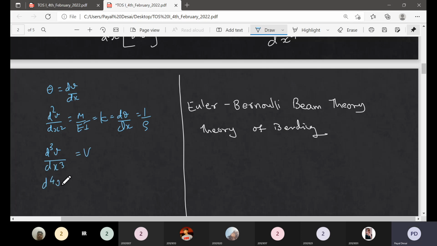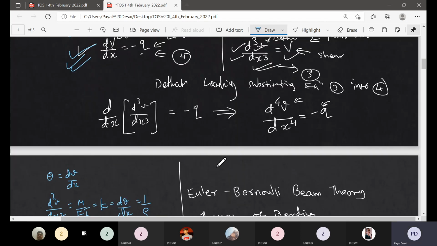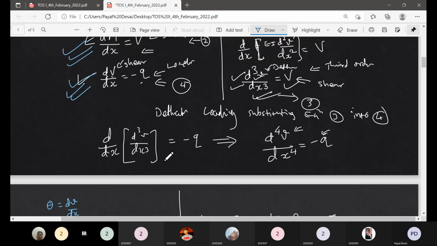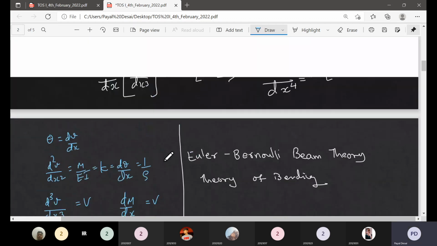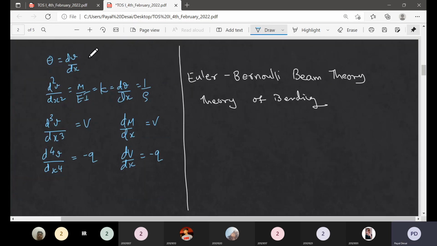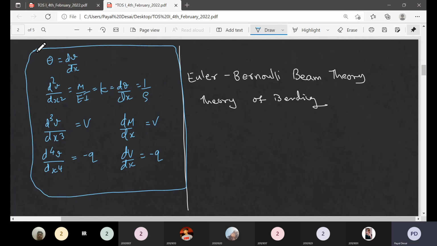Then d to the power 4 v by dx to the power 4 is equal to minus q loading. And then dM by dx equal to V, and dV by dx equal to minus q. So all these formulas are going to be useful. This is a summary of whatever we have learned.